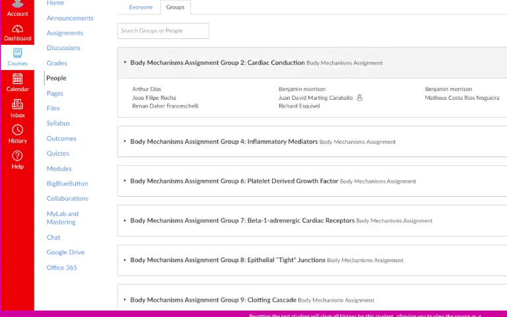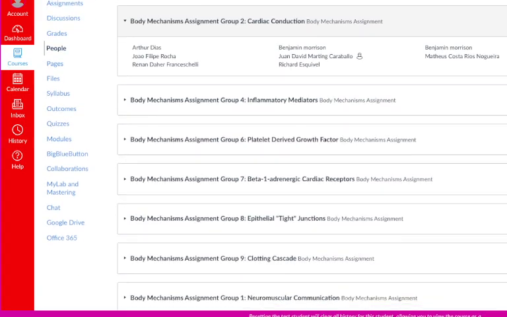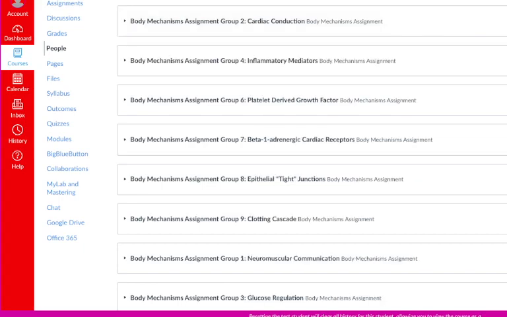Within each of these groups, you will be able to have a discussion within your group by going to the groups page, and there you can discuss things, submit materials back and forth to each other, and discuss what needs to be done to meet the next benchmark. And you can also see who the student leader is within each of these groups.